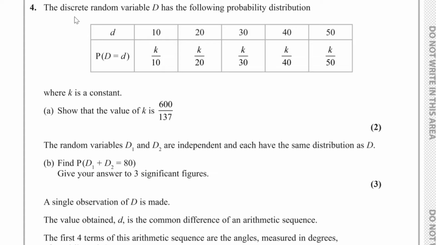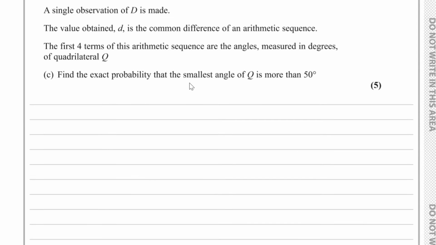Question number 4. The discrete random variable D has the following probability distribution as shown here, where k is a constant, and we have to show that the value of k is 600 over 137. Well, what we should know so far is that probability adds up to 1.